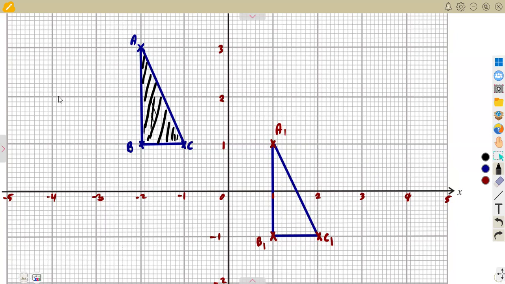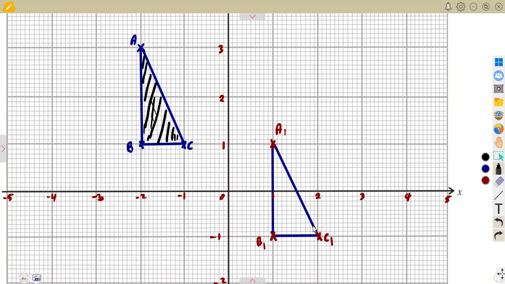By looking at these two figures, the two triangles, we can see that they are congruent. If my sight serves me well, this triangle and this triangle are the same. You don't need a ruler to measure. Here is a box from B to C, a box from B1 to C1, and from B1 to A1, 2 boxes, from B to A, 2 boxes.